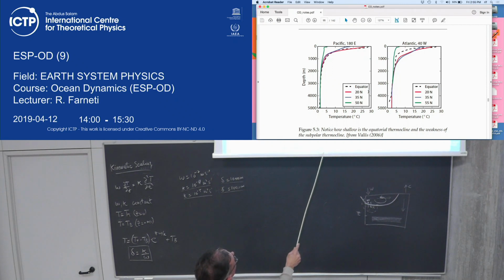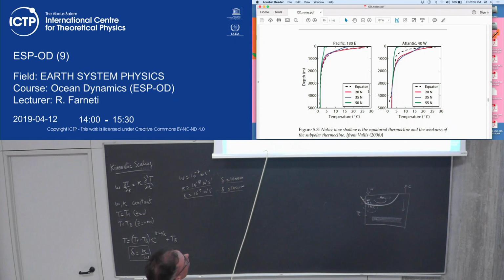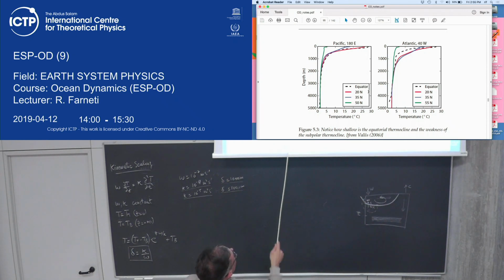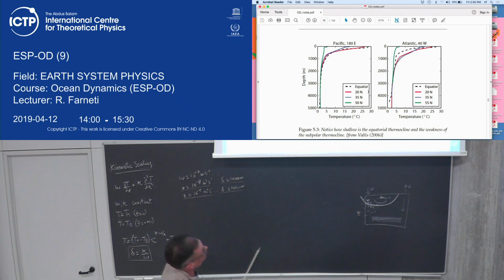When you go to 35 north, you get the blue line, and this is my thermocline that actually goes down to 1,000 meters. Then when you reach the northern regions, you see that the thermocline is gone, and that's because you're close to a homogeneous place where there is a lot of convection. Okay, and the same thing in the Atlantic. So we know from observations that the thermocline is on the order of 500, 1,000 meters. So it's an upper ocean thermocline.